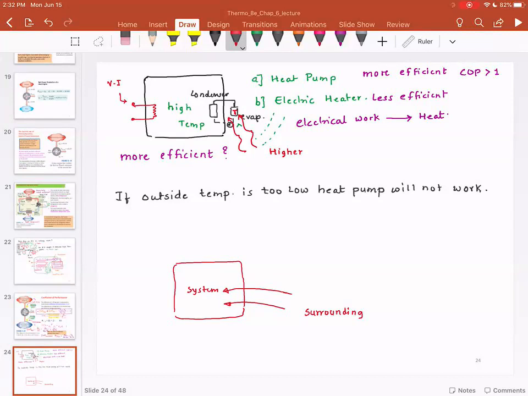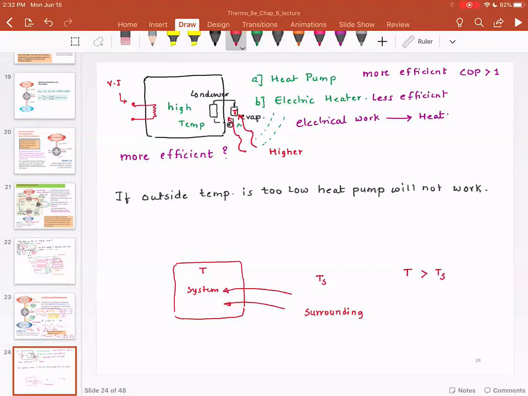To be honest with you, if this is inside temperature and this is outside temperature, you are actually causing the heat flow from lower temperature to higher temperature. So this is the direction of heat flow.